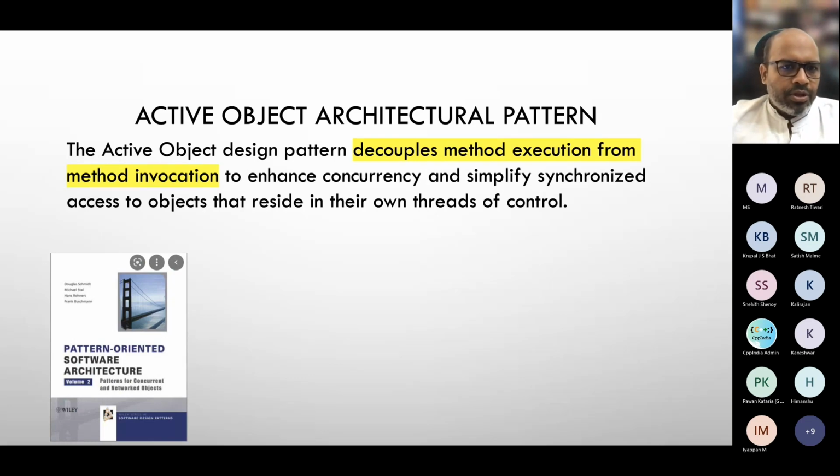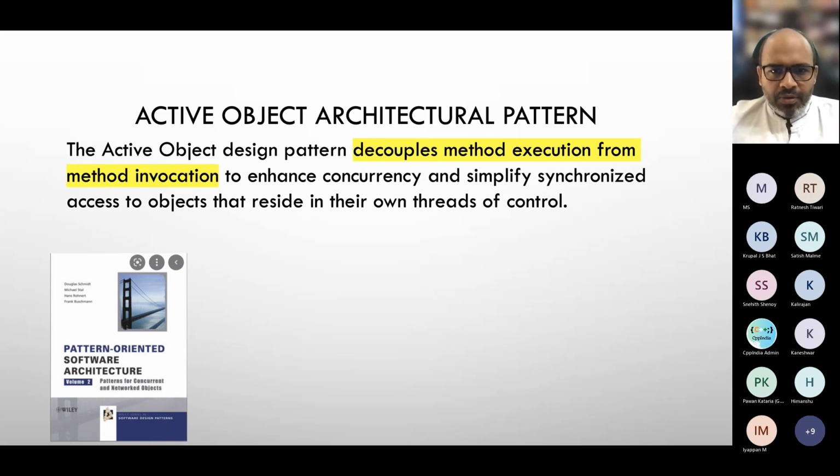So the definition of active object is from this book. So what is an active object? The active object design pattern decouples method execution from method invocation to enhance concurrency and simplify synchronized access to objects that reside in their own threads of control.